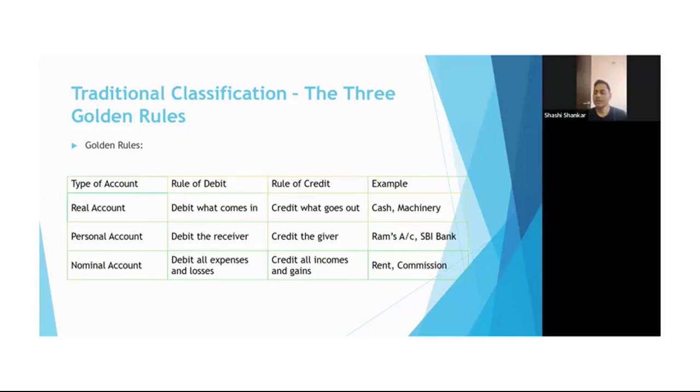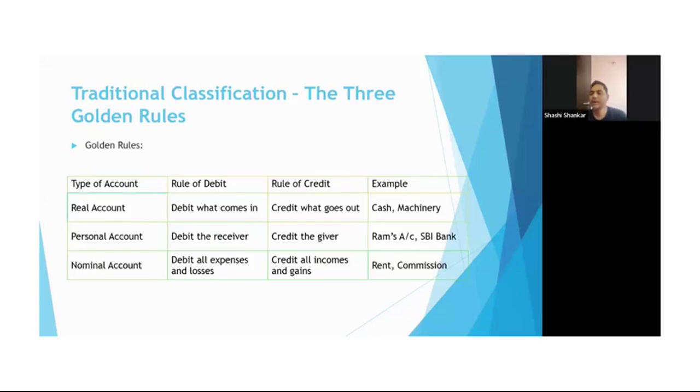Now the nominal account is the account in which expenses and losses are covered. Rent is an expense, so debit all expenses. If rent is paid in cash, rent would be debited and cash goes out, so it should be credited.